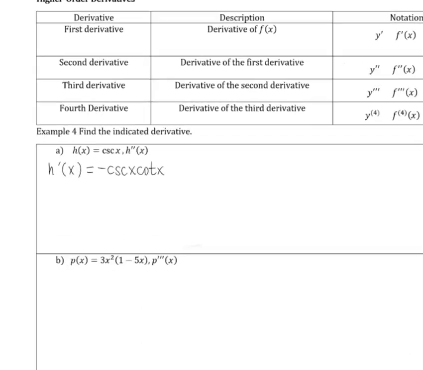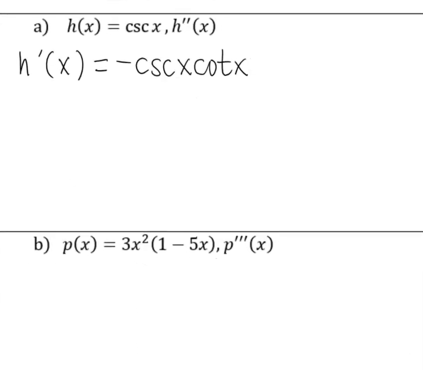So now that we have the first derivative, we will need to take the derivative of this in order to get the second derivative. But I can see that this first derivative is a product. We have the first factor of negative cosecant x and the second factor of cotangent x. So I am now going to come in and use the product rule.